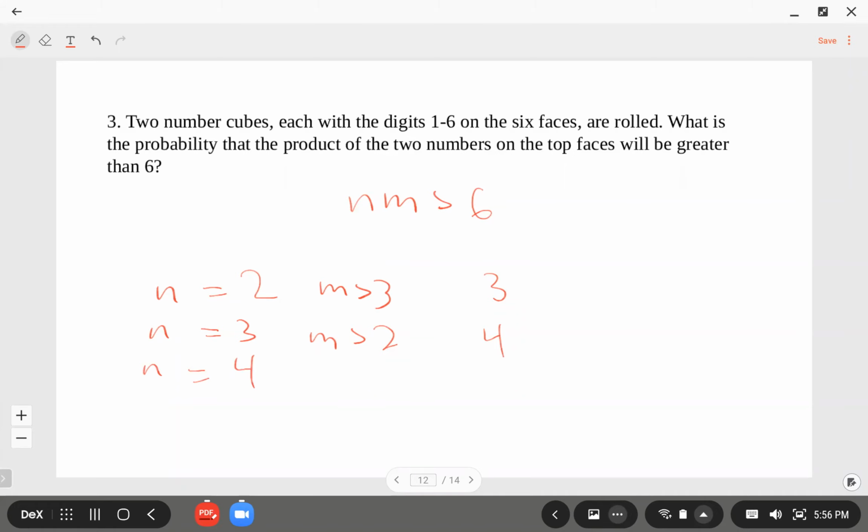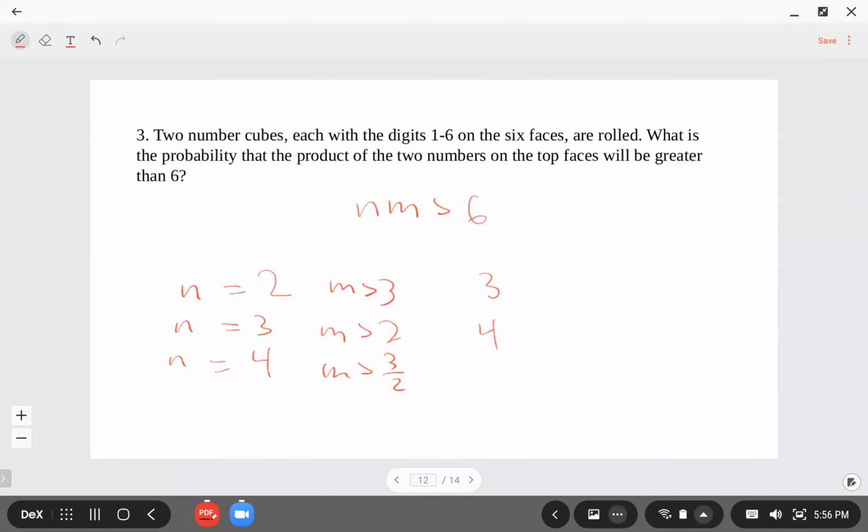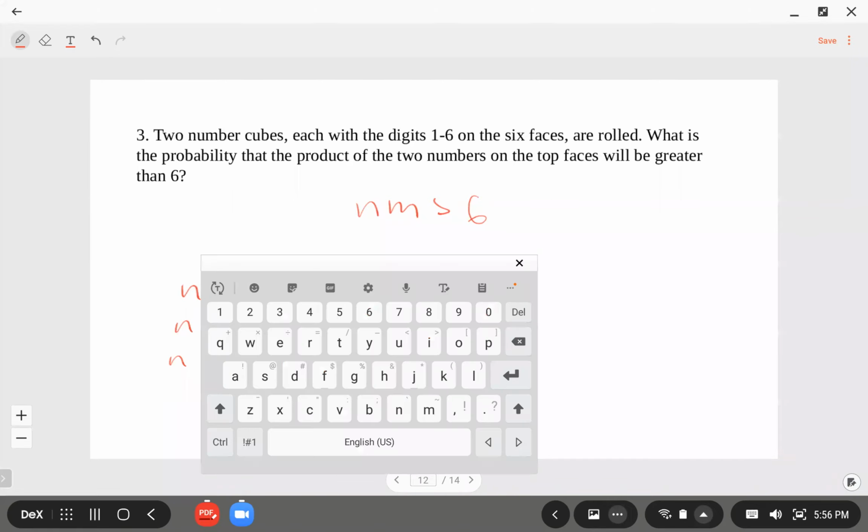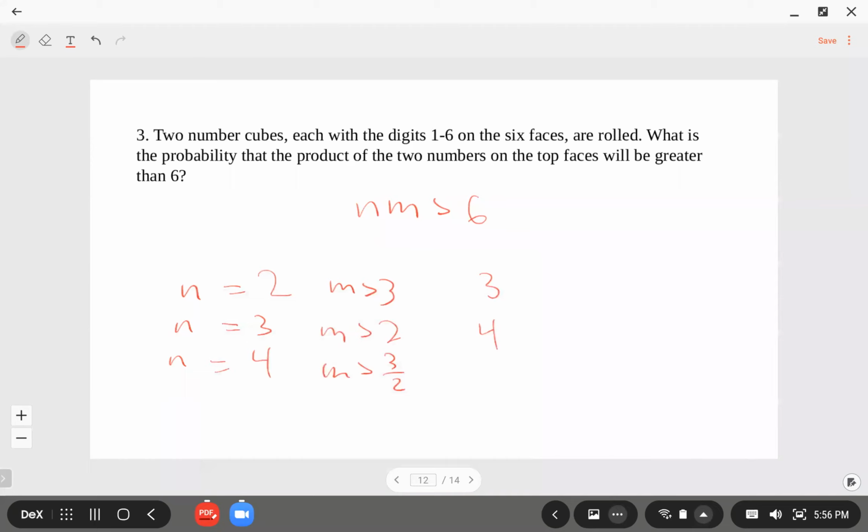N equals 4. What do we have now? We have 3/2. So how many greater than 3/2? We have 2, 3, 4, 5, 6. We have 5. N equals 5 now. M is greater than 6/5.